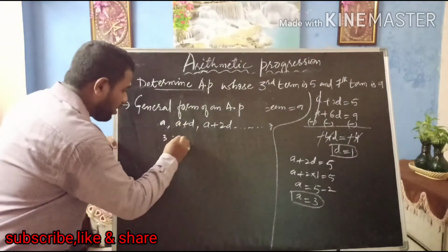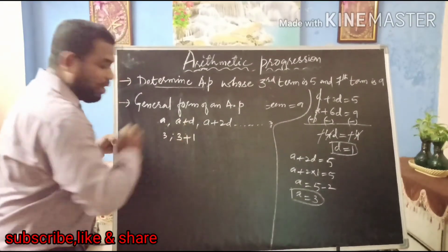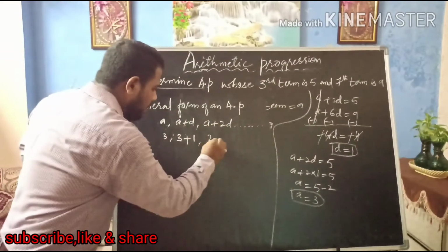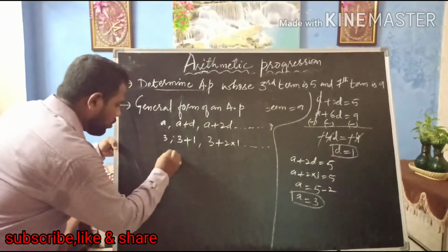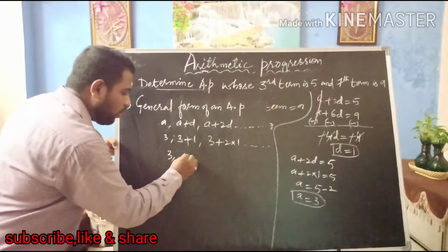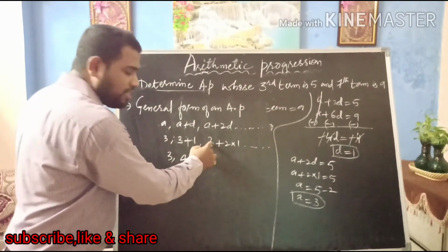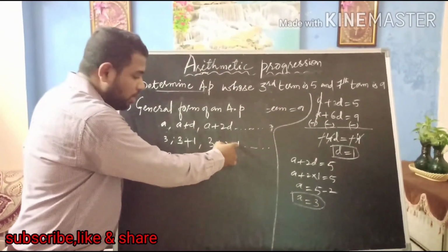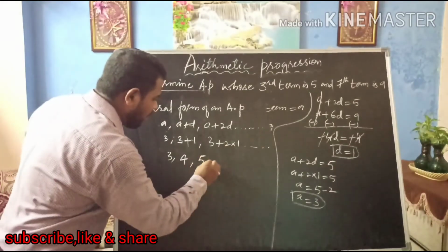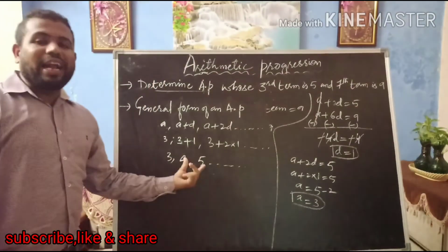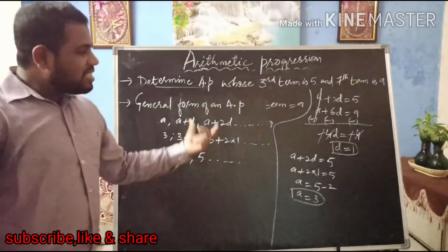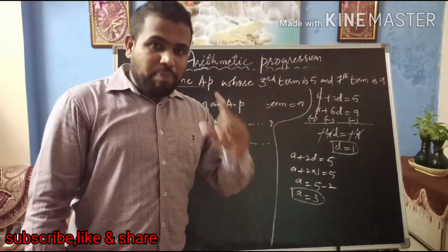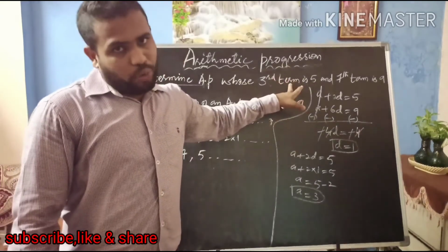So 3, then 3 plus what is d? 1, then 3 plus 2 into what is d? 1, and so on. So 3, then 3 plus 1 is going to be 4. Yeah, 3 same as 3. 2 ones are 2, so 3 plus 2 will be 5. See here, this is the required AP series, that is 3, 4, 5. So this is the way we can find the AP series when the terms are given to us.